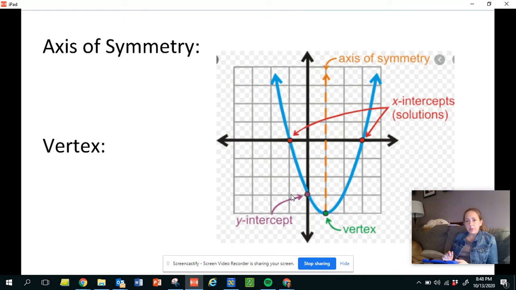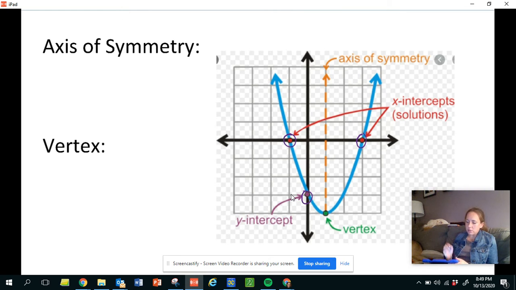So here's a much prettier picture of a parabola. We have already talked about the intercepts before when we were talking about functions, but something more specific to quadratics would be the axis of symmetry and the vertex.